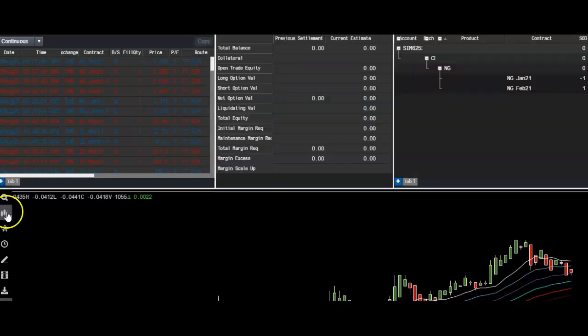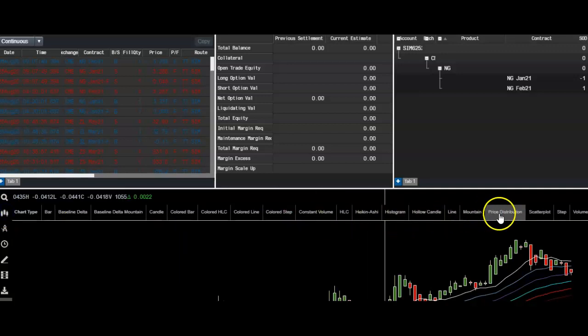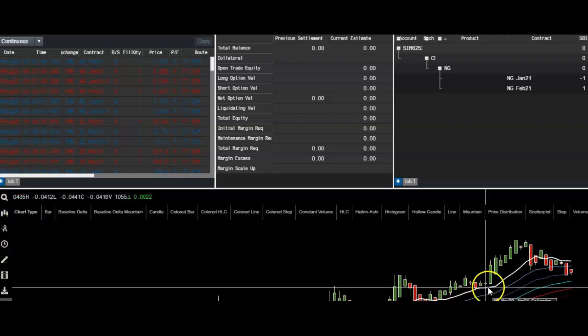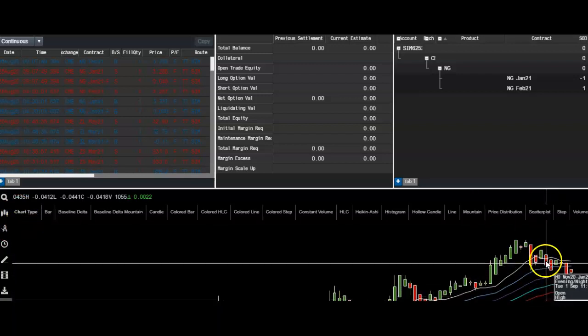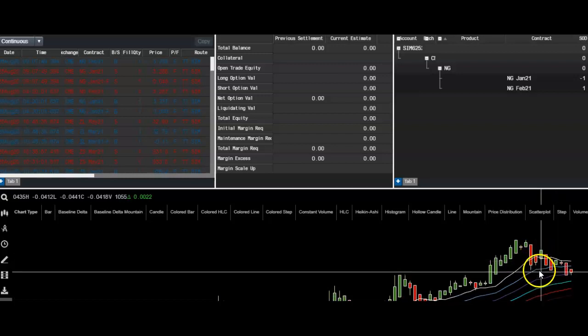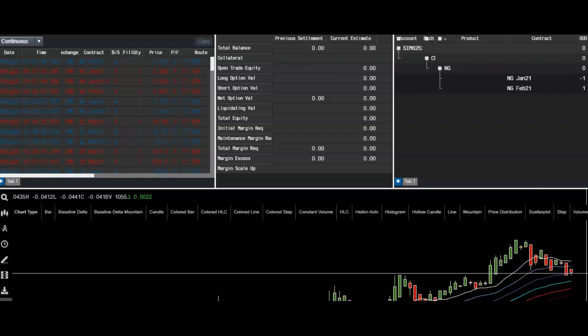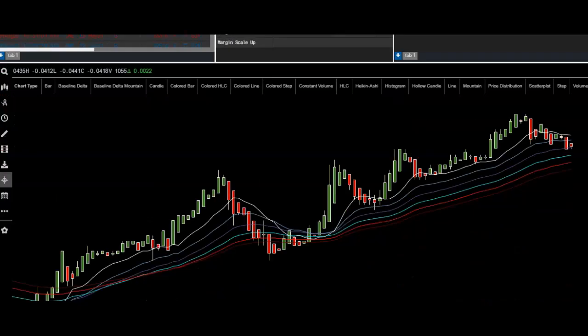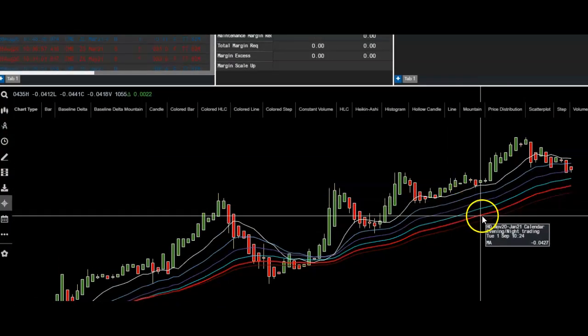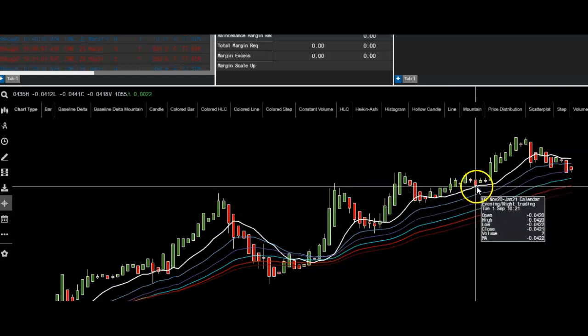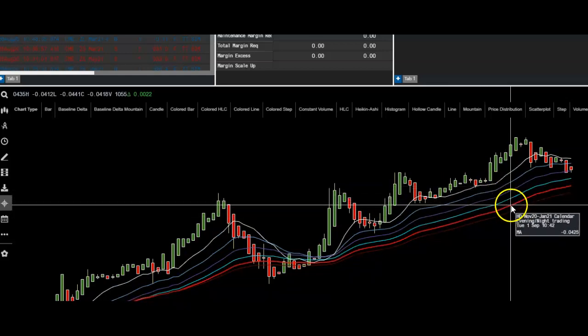So here you want to go ahead and just make sure again you have your Heikin-Ashi candles set up. I use moving averages. You guys all know I'm a big time moving average guy. This one, it's 6 different ones, and I've set them to 10 increments because I was trying to mimic the moving average ribbons that they have on different other platforms. So they're 10 increments, 10, 20, 30, 40, 50, 60.